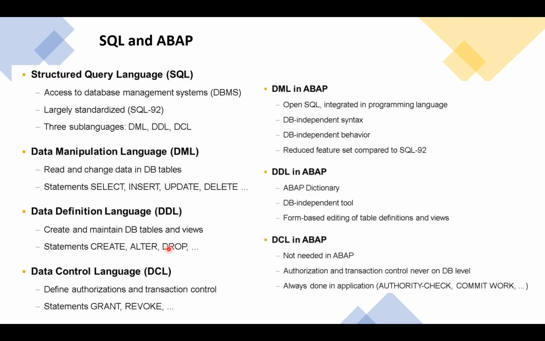For example, we created database tables, data elements, domains, search helps, whatever. They all will be created in the database in some form of table. So they are all called data definition language.